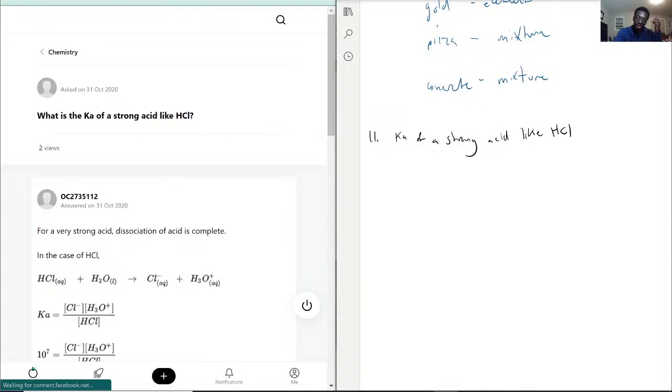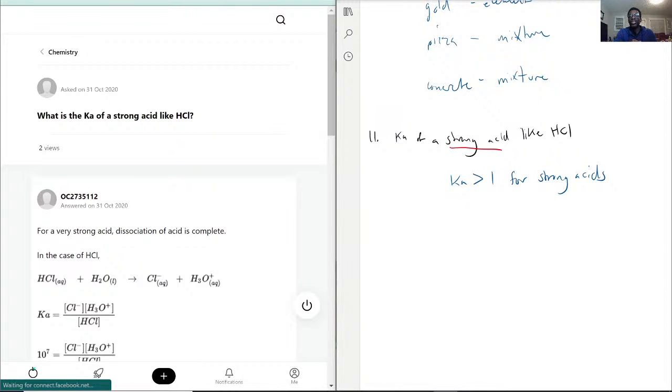They actually give us a hint in the name right here, strong acid, because we actually don't even need to. We will check our acids and bases sheet, but we actually don't need to. If you're dealing with a strong acid, the Ka is greater than 1 for strong acids. That is what this question is asking.